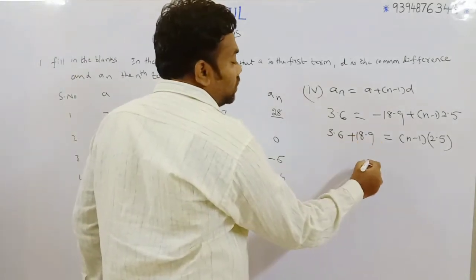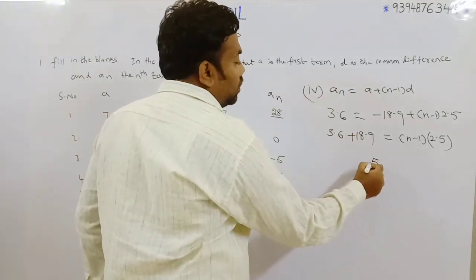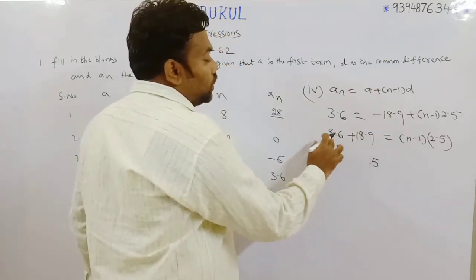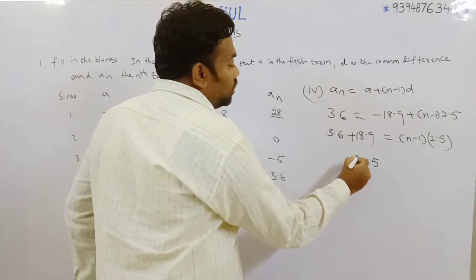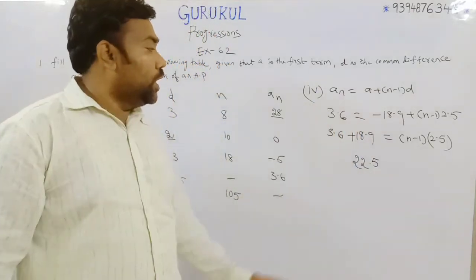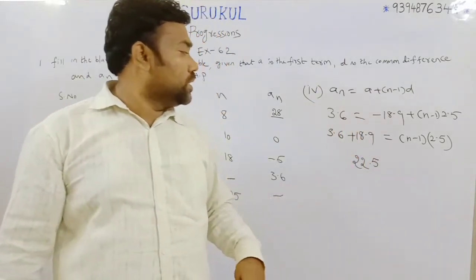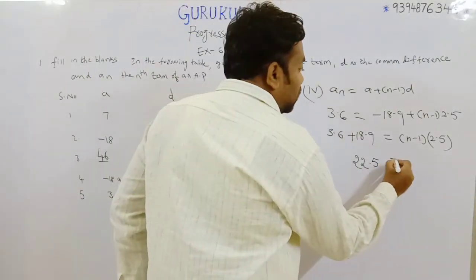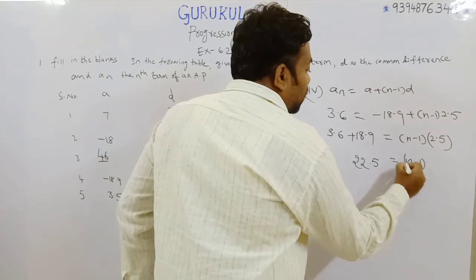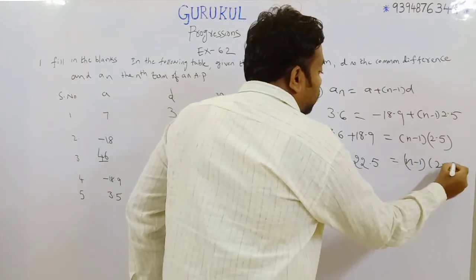3.6 plus 18.9: 9 plus 6, 15, 9 plus 3, 12, plus 2. So 18.9 plus 3.6 is 22.5. n minus 1 into 2.5.